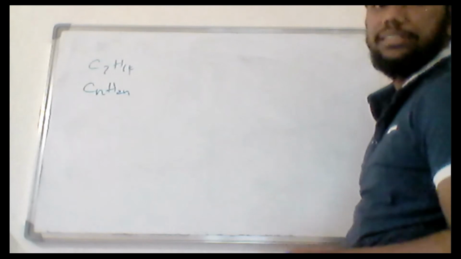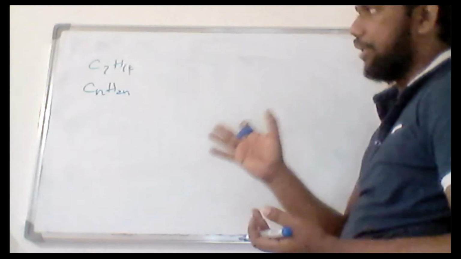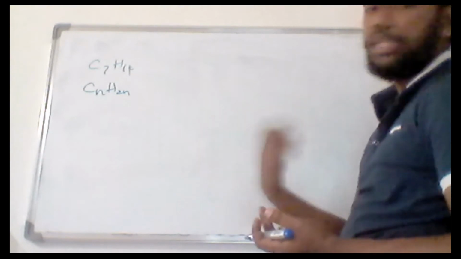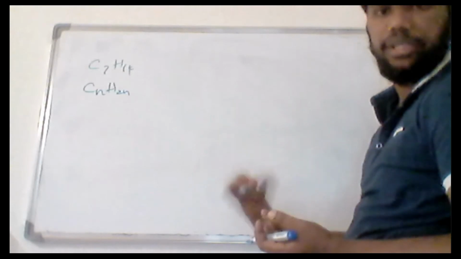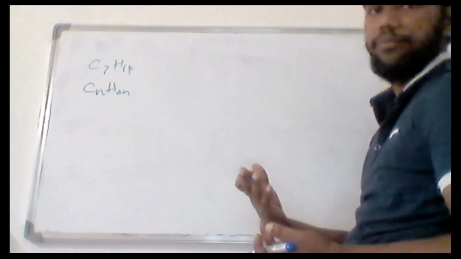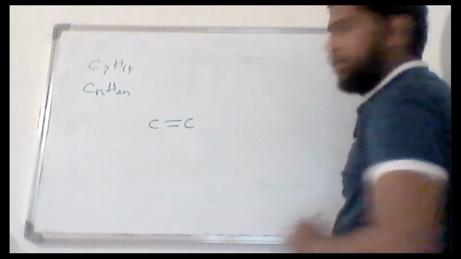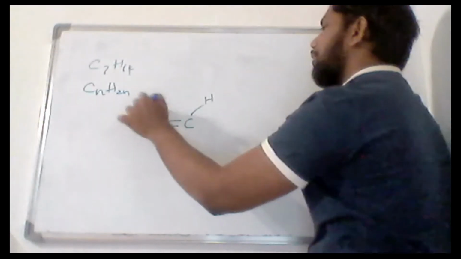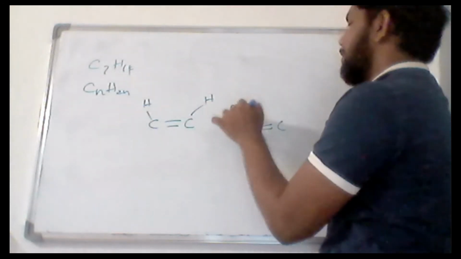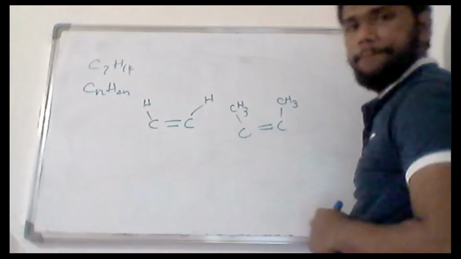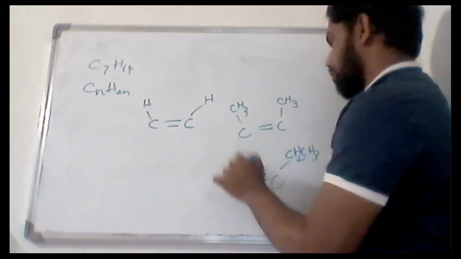And the second thing is, since these are alkenes, and if B and C are going to show geometric isomerism according to the statement, across the double bond it should have either hydrogen or CH3 or CH2CH3.